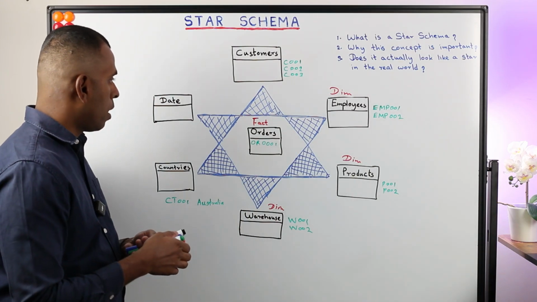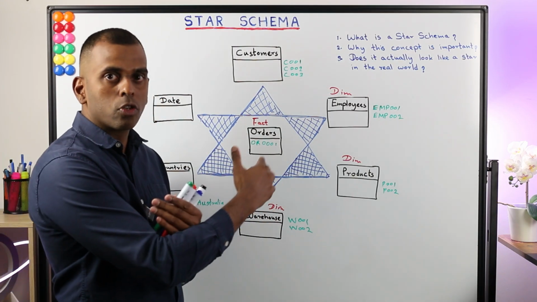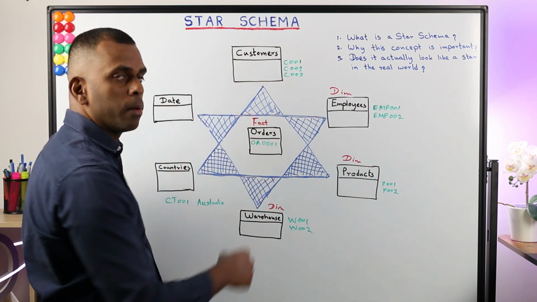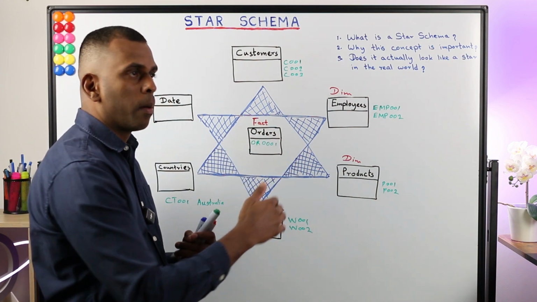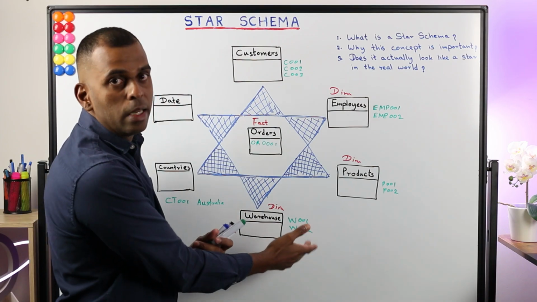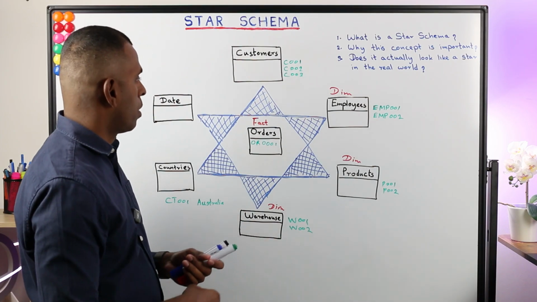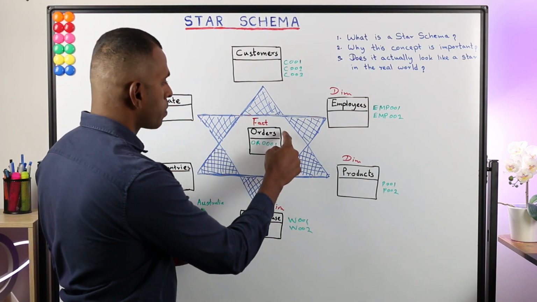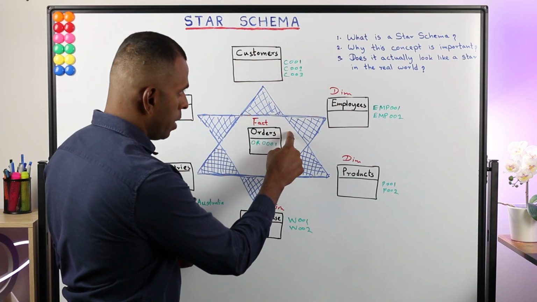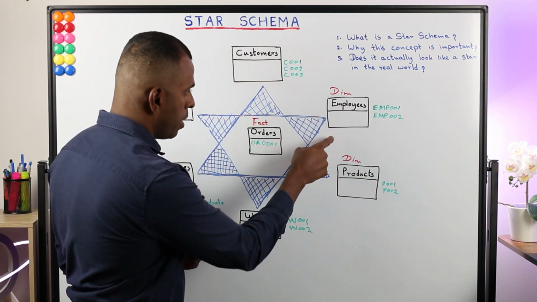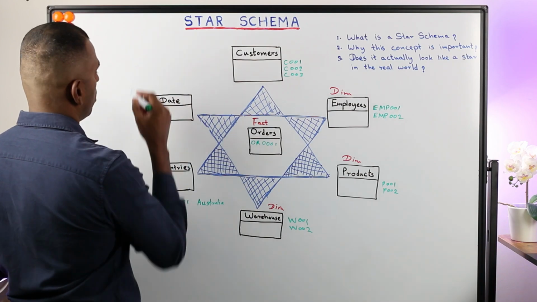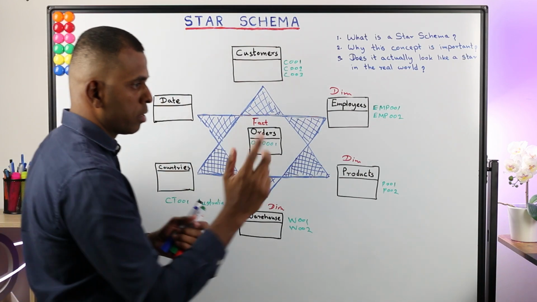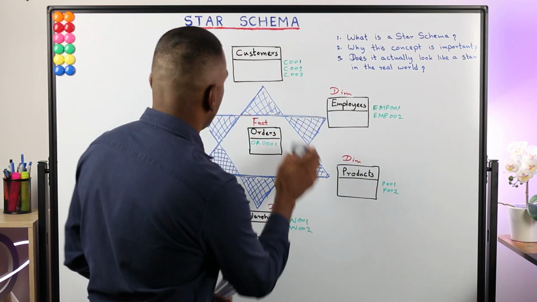And in addition to those values, in the fact table there are columns for the primary keys of these dim tables. It would be warehouse ID here, employee ID here, like that. Let's say I'll erase this one.